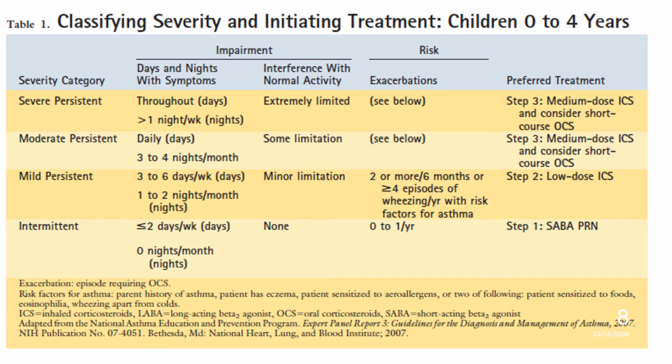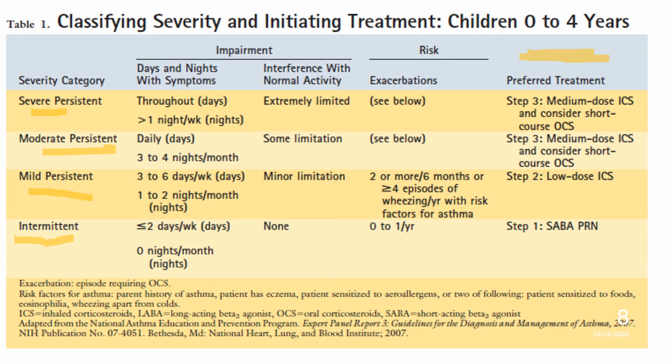Now, what that means is, remember I told you in the last slide that you are classified into a severity level such as intermittent, mild persistent, moderate persistent, and severe persistent. So on the left-hand side, you can see these different categories, and notice on the right-hand side, you're going to get the preferred treatment option. So right here is your treatment plan.